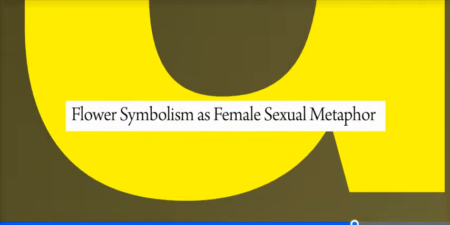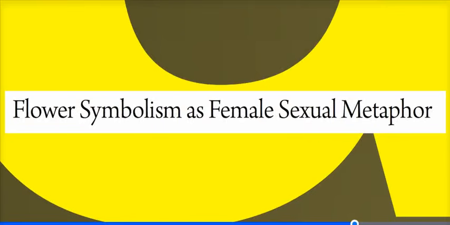There's a great article called Flower Symbolism as Female Sexual Metaphor. Throughout literature, a bud, a flower, has often been used as a symbol of the female genitalia. So there's highly sexual imagery whenever you see the word bud, something Shakespeare often used. And then the word wild just suggests that this is an uncontrollable passion.